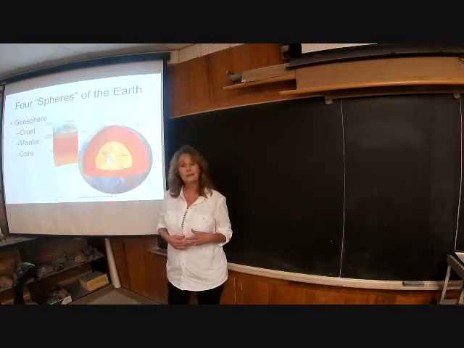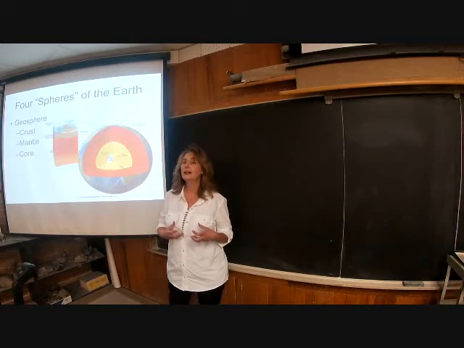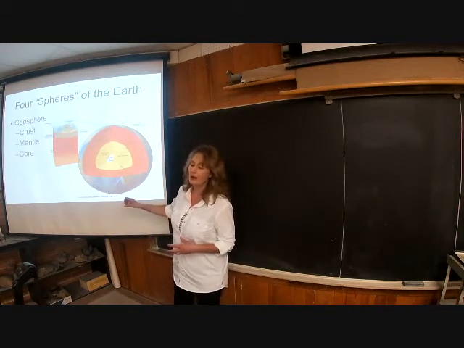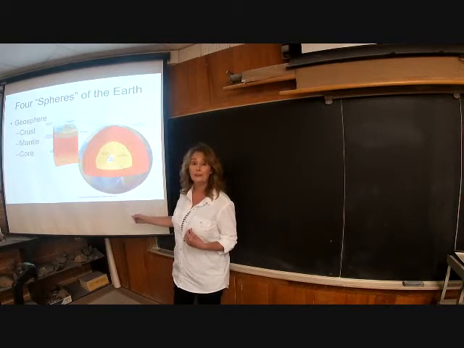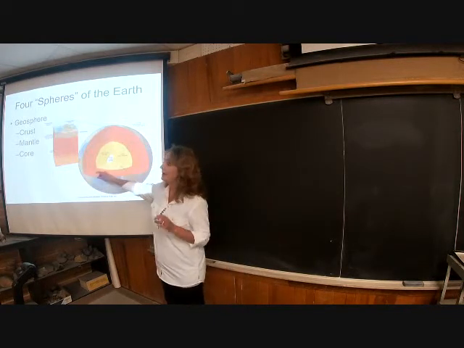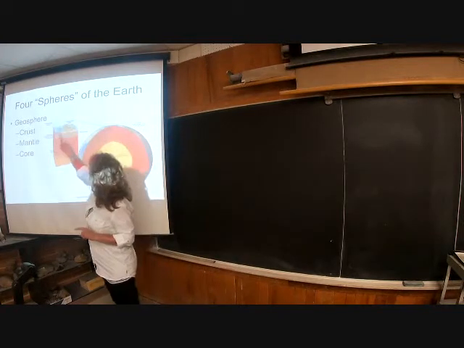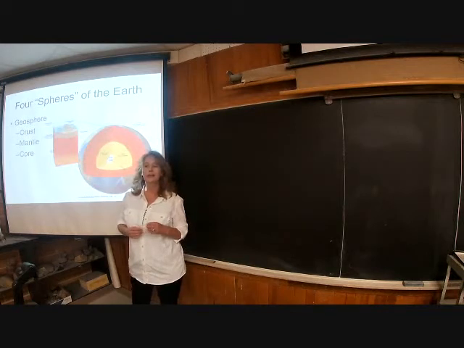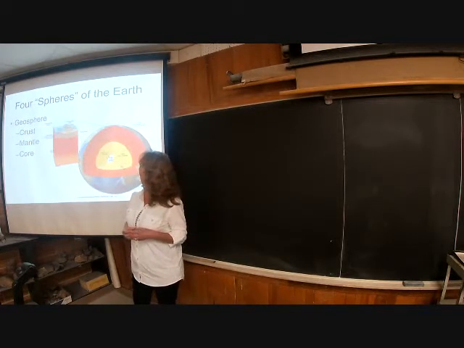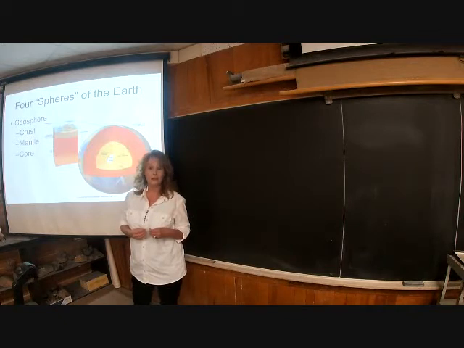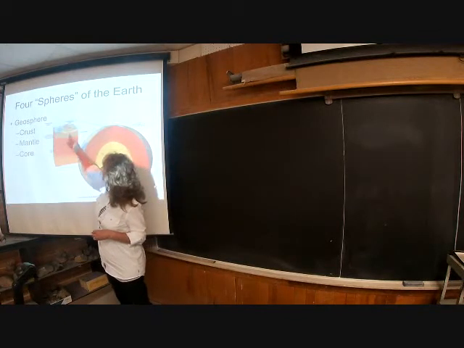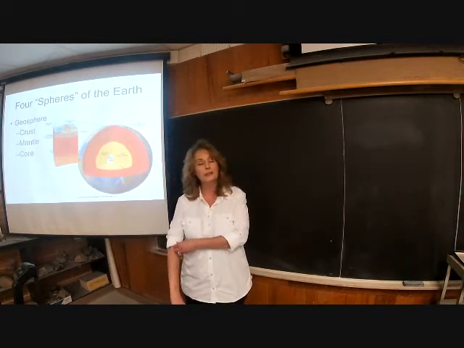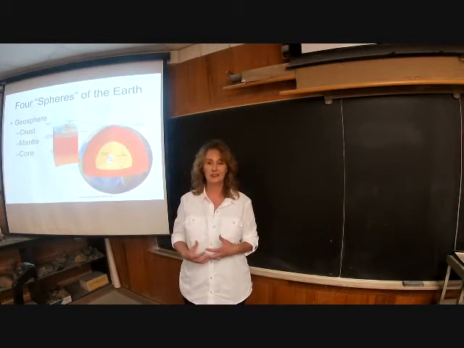So the crust, mantle, and core are the different layers within the Earth. And you do have these PowerPoints available to you. We have two types of crust. We have the oceanic crust, which is a much thinner crust, and it is a more dense crust material, in contrast to the continental crust.